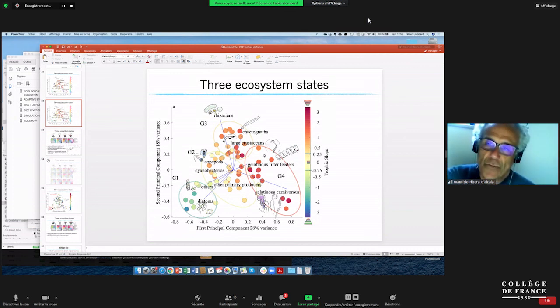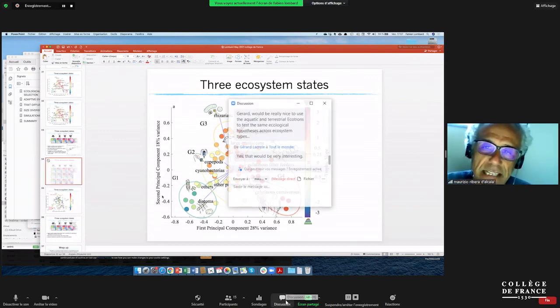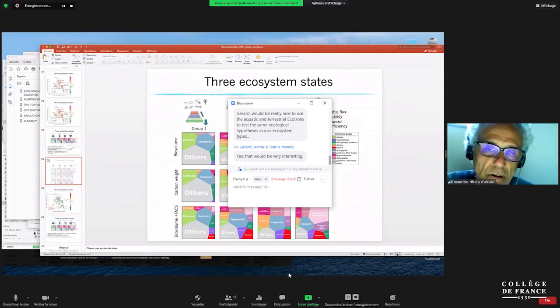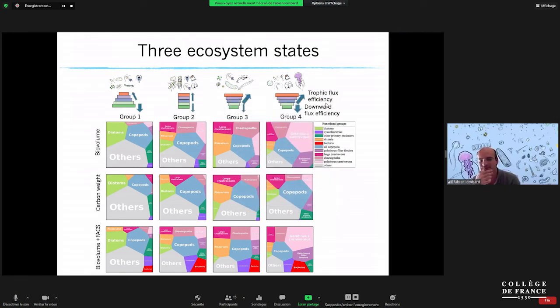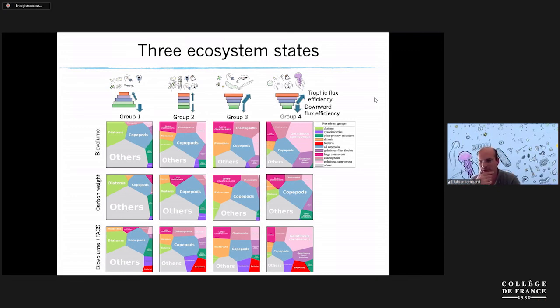I have two questions. One is about the carbon content of jellyfish: is the size compensating for a lower carbon content or not? It compensates in a way, but not totally, and it doesn't change the picture.